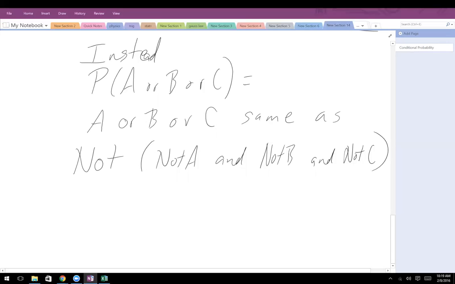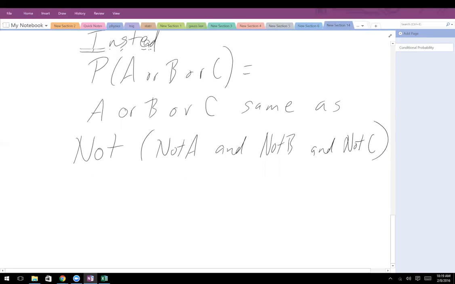Well, for that to be false, then Ty had to have not gone to Amarillo and Catherine had to not go to Amarillo. So when you negate an or, you get ands. So if I want to say A or B or C, well, if I want to be sneaky and think what would the opposite be? It would be not A and not B and not C.